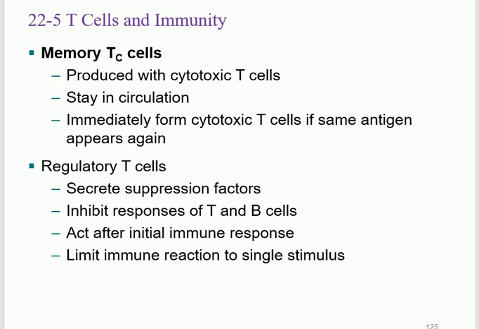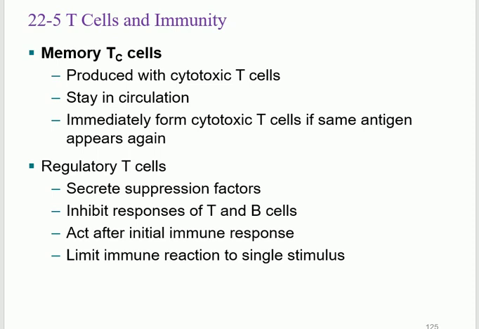At the end of this, we are going to put aside some memory cells. So next time we're exposed to the same antigen, these memory cells already remember the whole fight and know exactly what happened. That explains why the second exposure is shorter, you act faster, and you secrete even more antibodies, because you already know what you need to do.